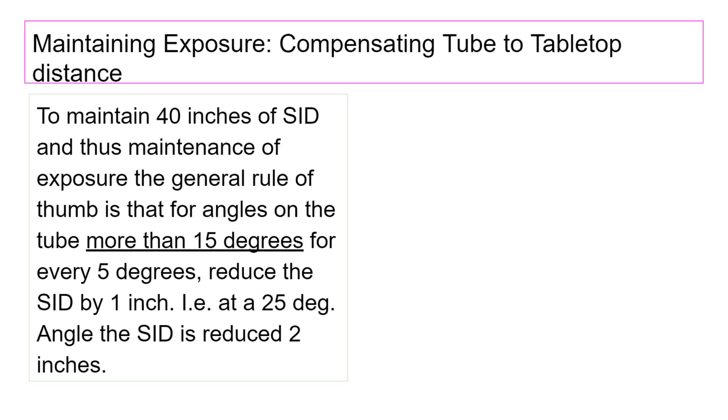So for example, at 25 degrees, you're past 15 by 10 degrees, but for every 5, it's an inch. So that's 5 and 5, that's 2 inches, so you should bring your SID down by about 2 inches. And you can always use the measuring tape to make sure you're still at 40 inches. This is not what you would utilize to try to fix misalignment.